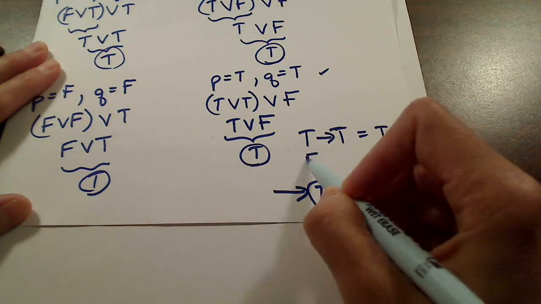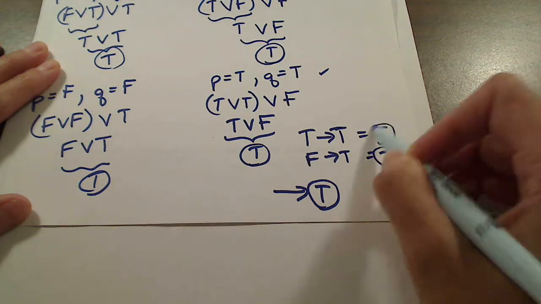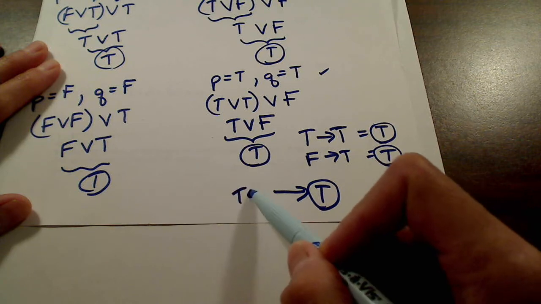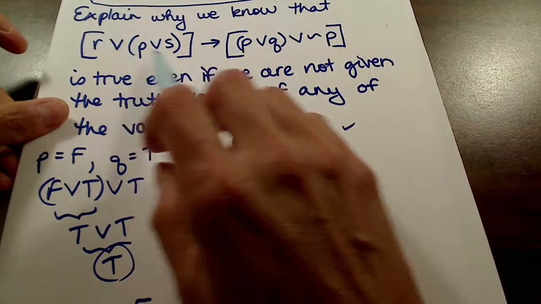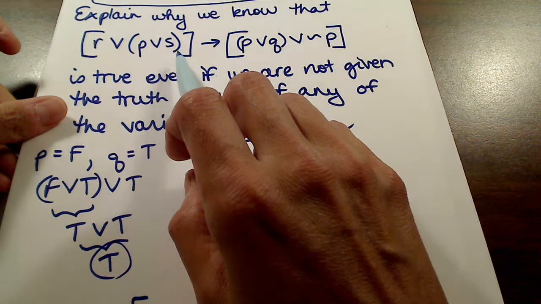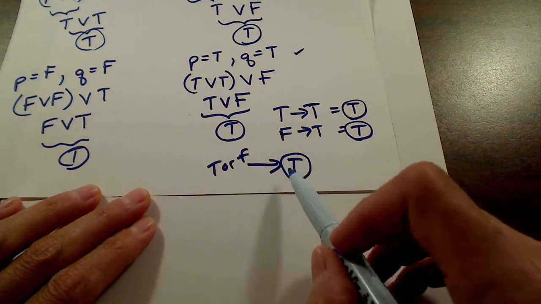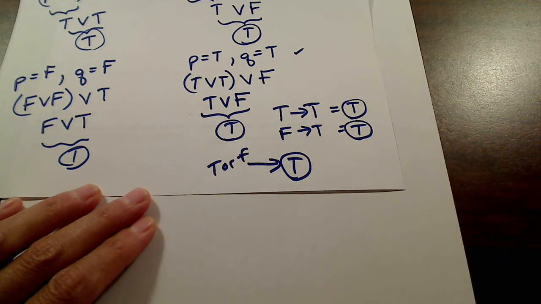And when you have false implies true, your result is true. So it doesn't matter what we have here, either true or false, for this first bit. It does not matter what R, P, and S are in this particular example. The truth value will end up being true when the consequent is true. Okay, and that's it for that problem.